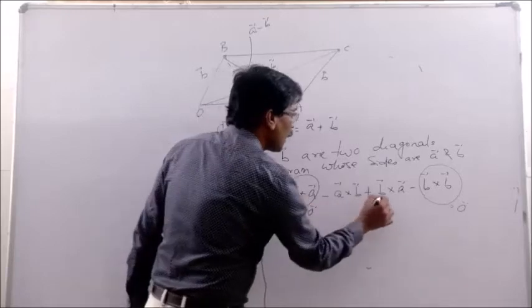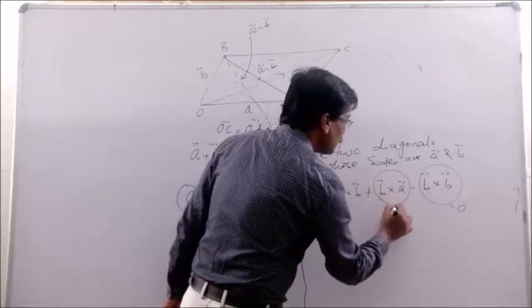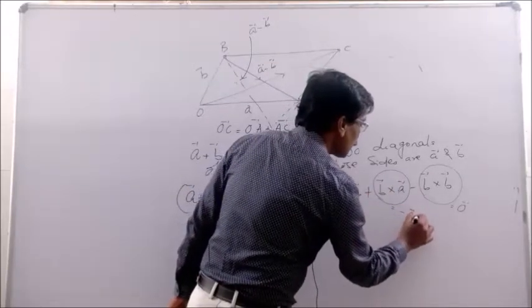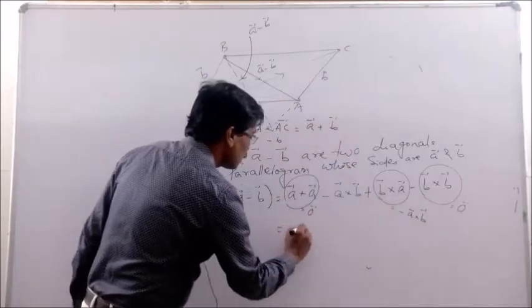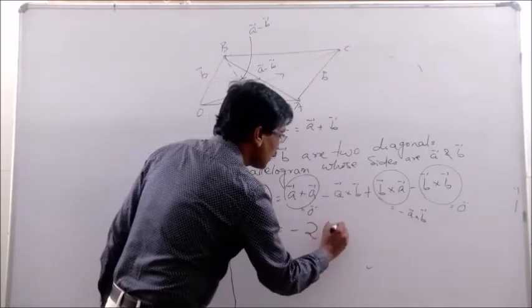And B cross A is equal to minus A cross B. So that is equal to minus 2 times A cross B.